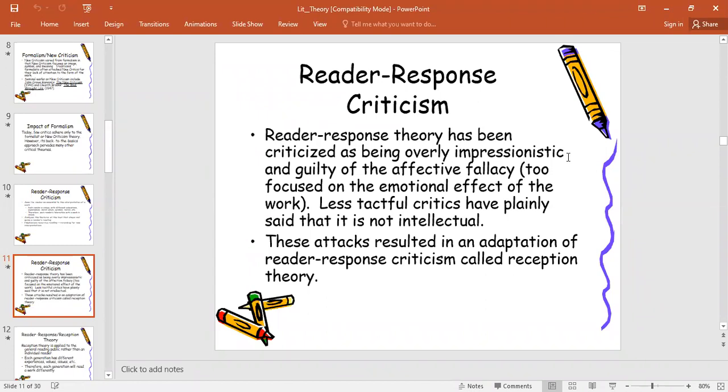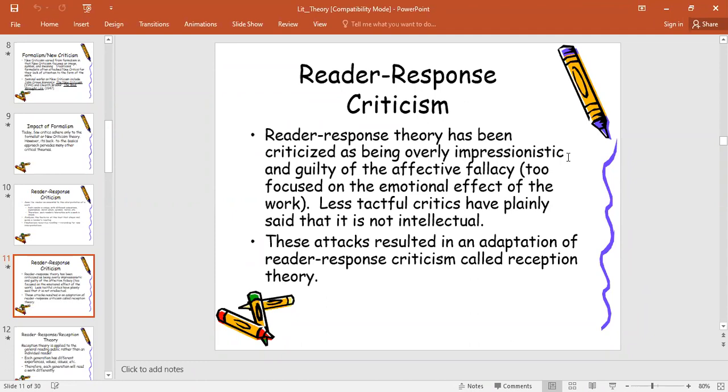Less tactful critics have plainly said that it is not intellectual. And when any critic allows his emotions and feelings to be involved in the work of criticism, then critics will certainly reject it by labeling it that the work is not intellectual. Why?